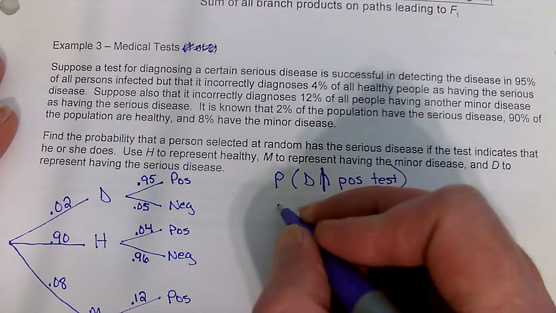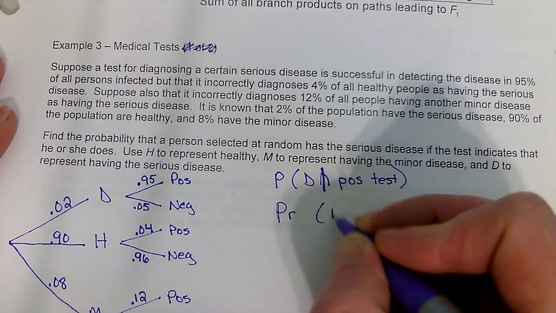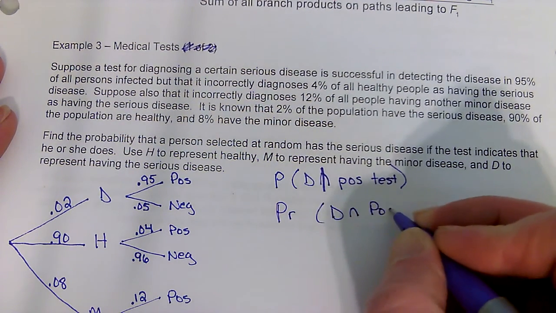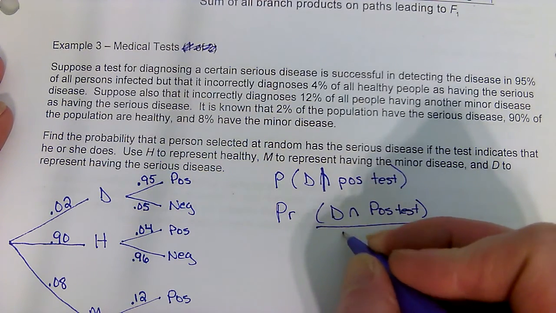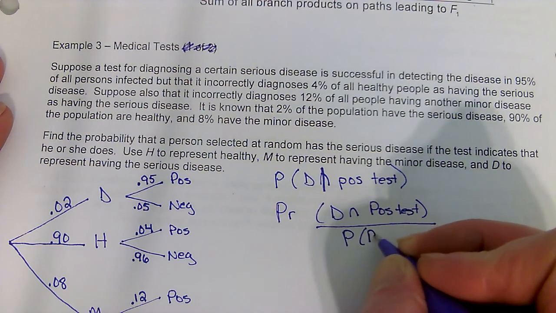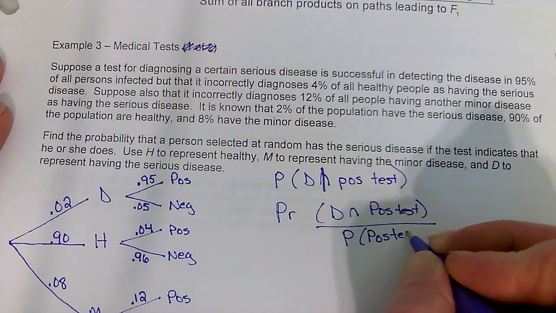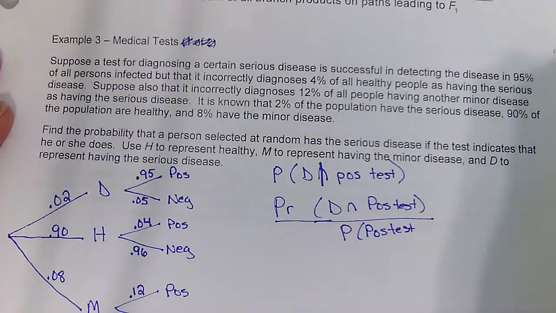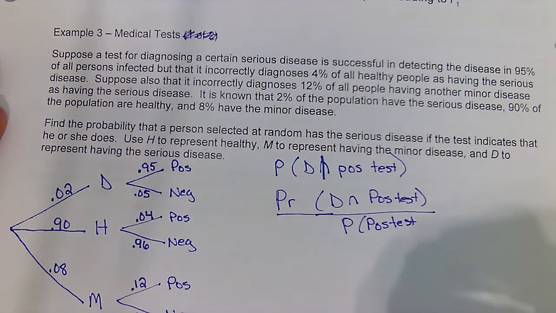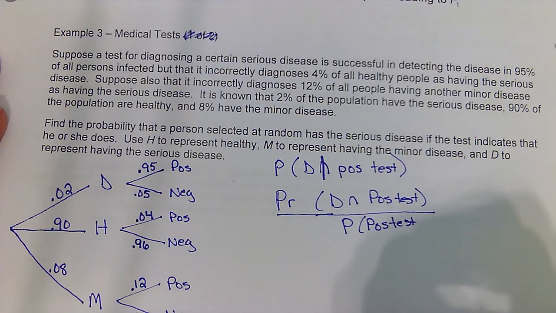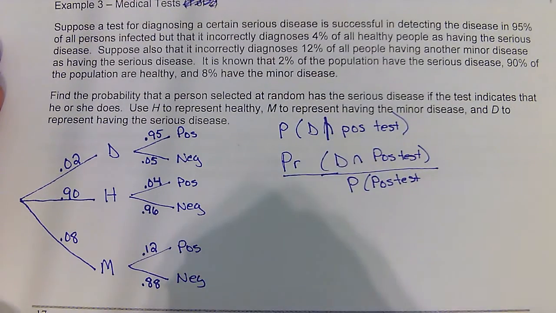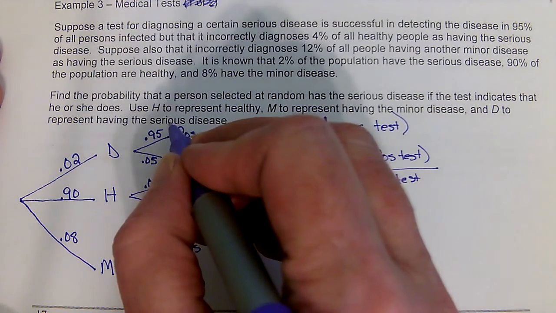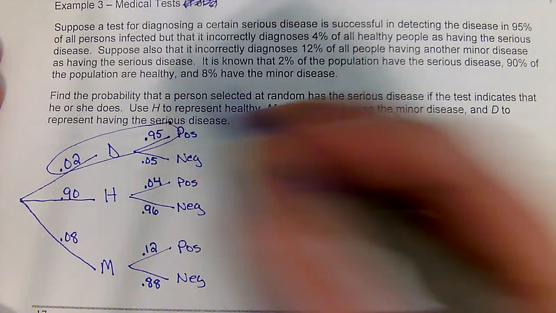So the probability that they have the disease and the positive test, given the probability of getting a positive test. Okay, the probability that they have the disease and got a positive. That's this route, right?